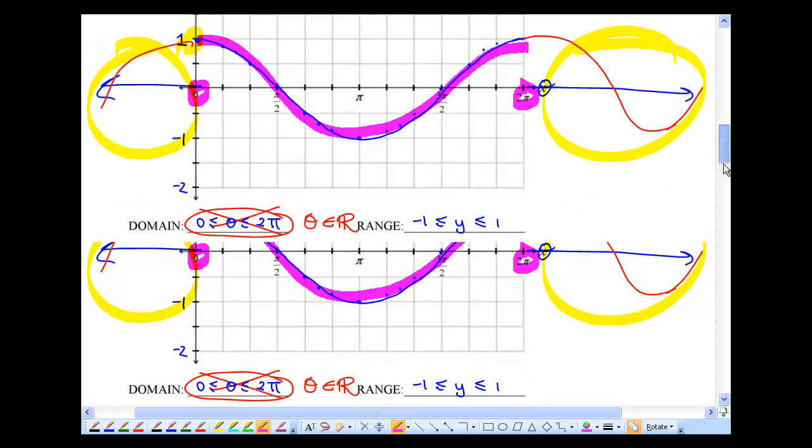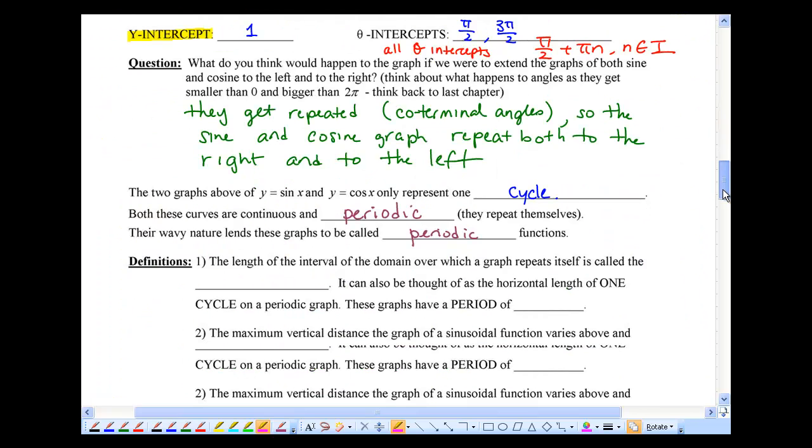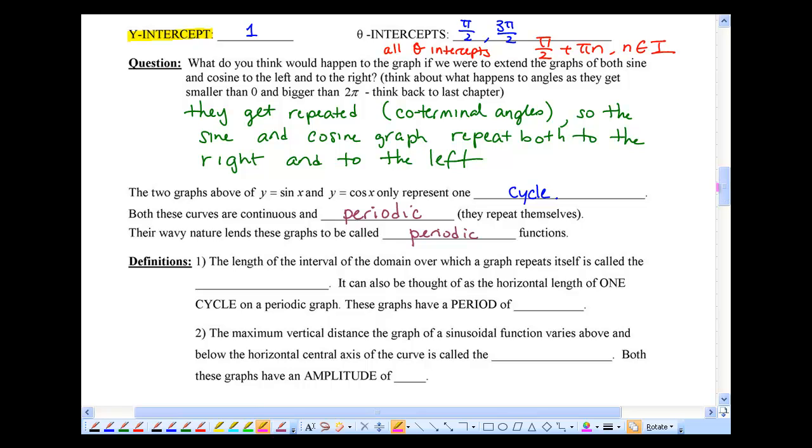So the length would be 2 pi. There's a special name for that cycle. That's called the period of the graph. Okay? Once again, it's thought of the horizontal length of one cycle. And I just showed you that this graph has a period of 2 pi. Okay? This is both sine and the cosine graph. If you look back on the first page, sine also has a period of 2 pi.